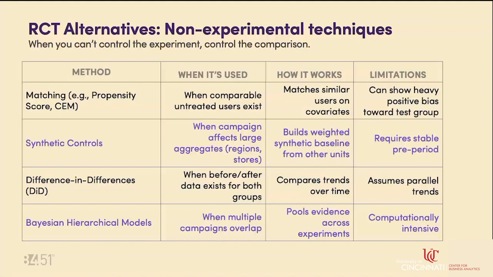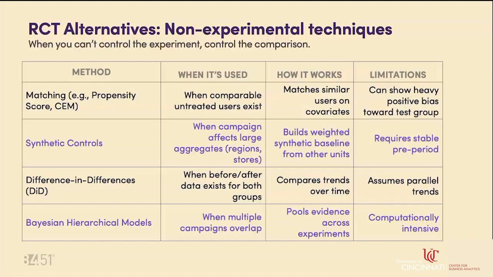And with RCTs being the gold standard from a precision standpoint, anytime we try to use any of these techniques, we are already going down in terms of the precision we can expect from the results. So in the case of matching, which is the first row, it can be heavily biased, and positively biased in favor of test households that receive the treatment.